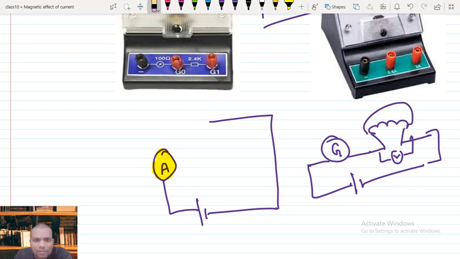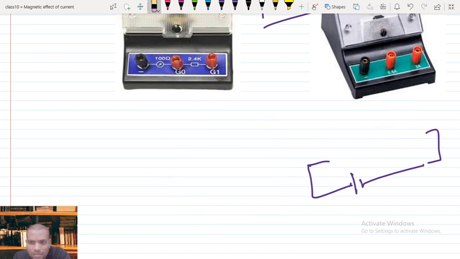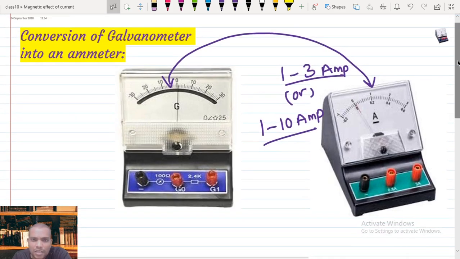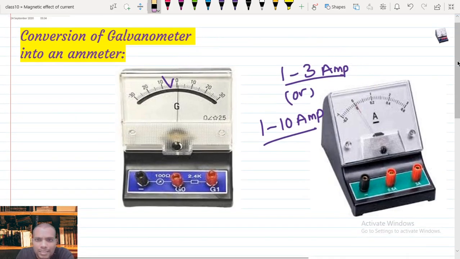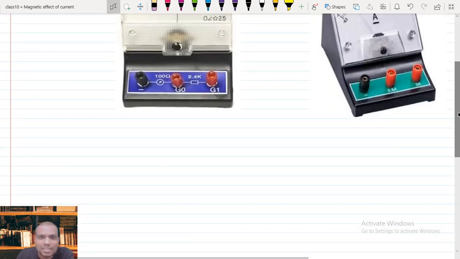So to convert the galvanometer into an ammeter of the desired range, we use a small technique with the help of a shunt resistance. What is shunt resistance?